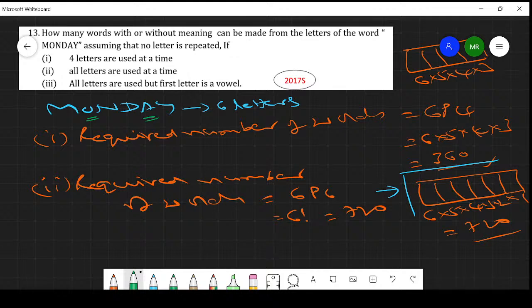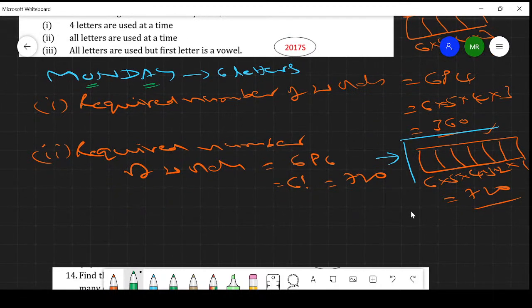So they are asking that all letters are used but the first letter is a vowel. To solve the third problem, the vowels are A comma O; we have only 2 vowels.